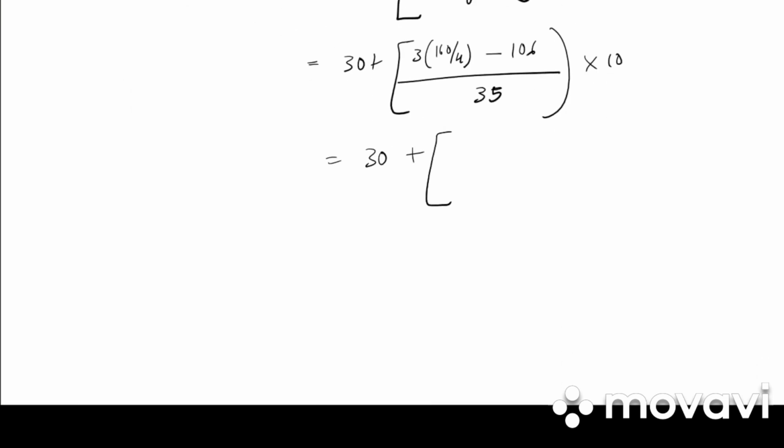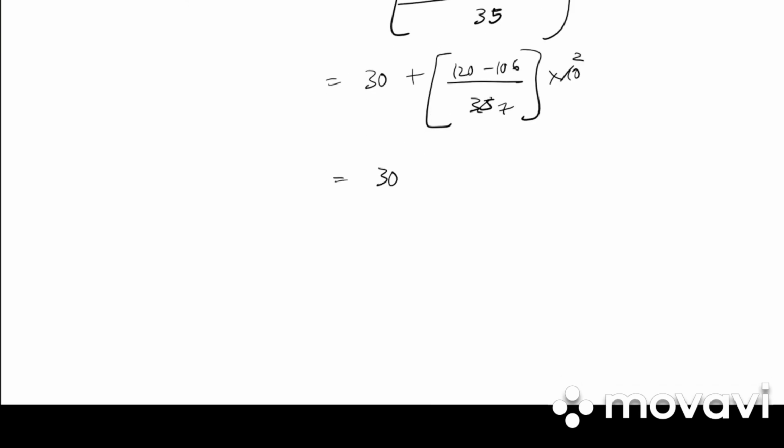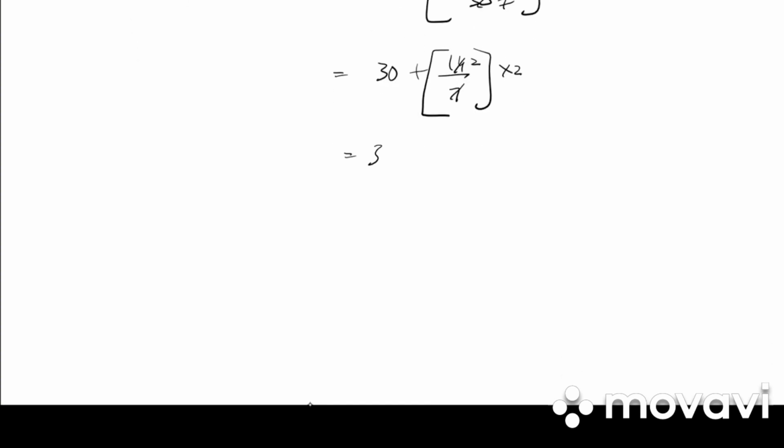It is 30 plus 120 minus 106 divided by 35 into 10. 5 sevens are 35, 5 twos are 10. 30 plus 120 minus 106 is how much? 14 divided by 7 into 2. 7 ones are 7, 7 sevens are 49. So it is 30 plus 4, we get 34. Therefore Q3 is equal to 34.